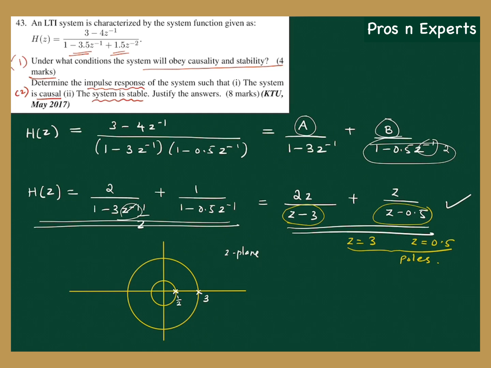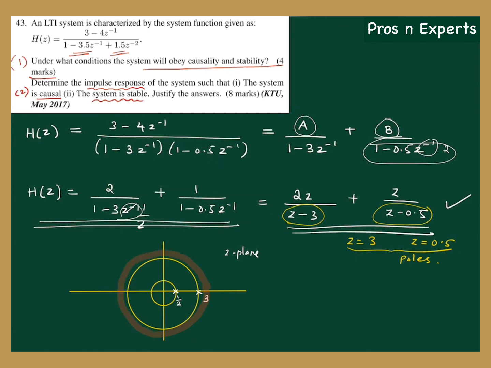Now, to obey causality, what should be the condition of the ROC? To be causal, the ROC should be outside the outermost pole. So I can mark this area.